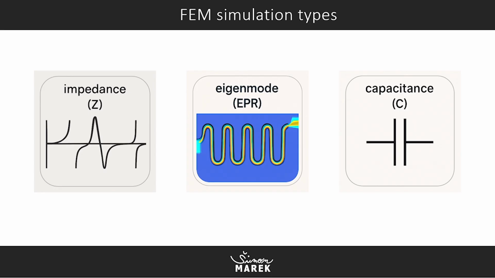What is a really good thing to do is to try to simulate only one cell in FEM simulation, because it's nearly impossible to simulate 2000 cells at once. There is not enough memory and computational power in modern laptops or desktop computers, so it's, I would say, required to simulate only one cell.